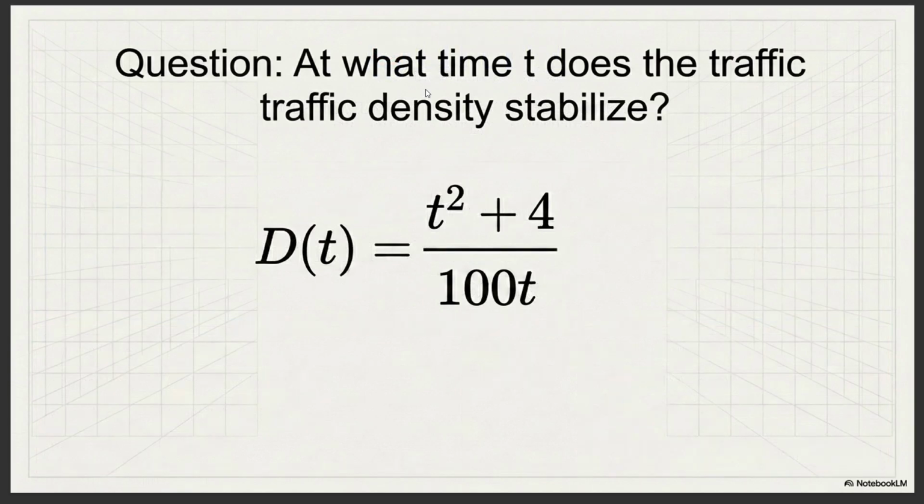For question 10.1a, what time does the traffic density stabilize? This is the equation (t² + 4) over 100t. For the solution, the first step is to split the equation into two parts: t² over 100t plus 4 over 100t.